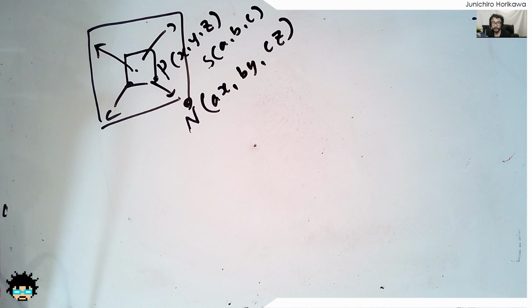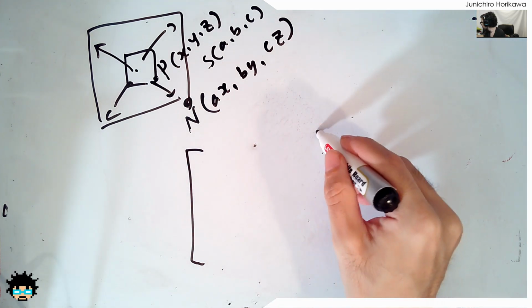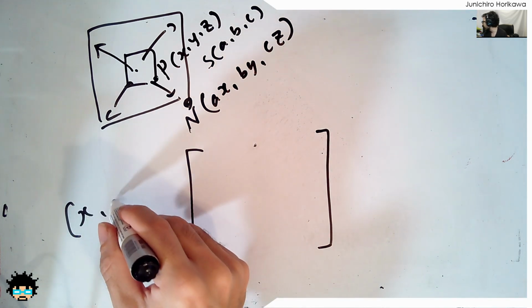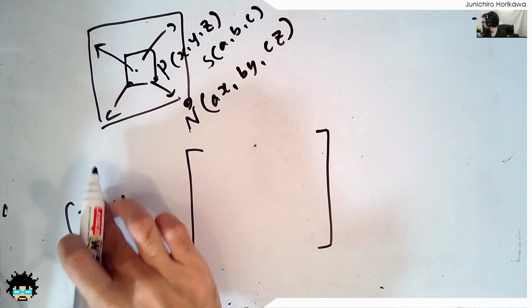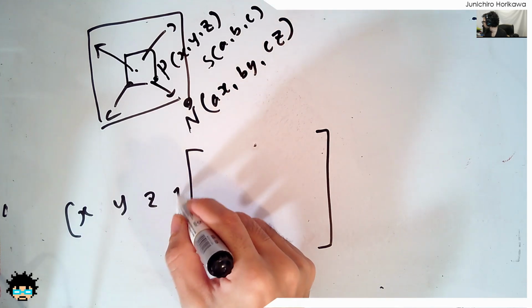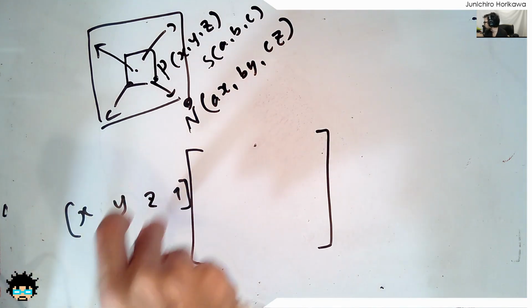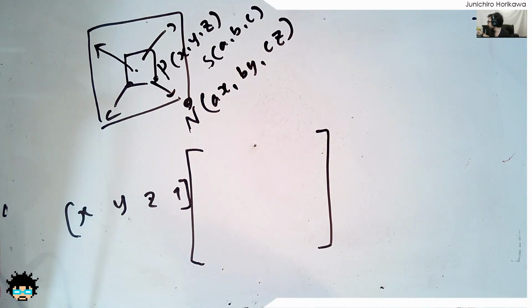So let me show you how it looks for the scaling transformation in a 4x4 matrix. Now a 4x4 matrix is used to do the 3D scaling, which is similar to translation, and you have x, y, z, 1 for the left hand side vector, which in Houdini you just need to declare those three values, x, y, z.